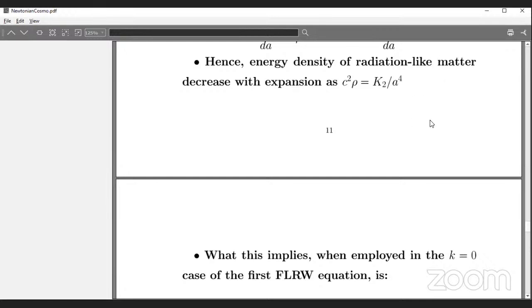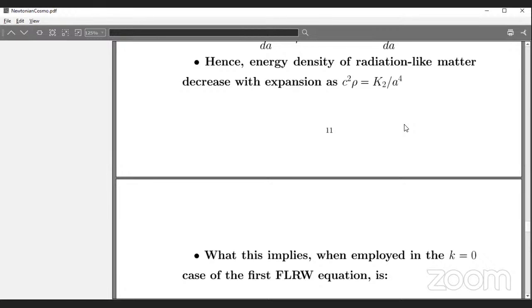So what this tells us is, as the universe keeps expanding, after a while, it is the non-relativistic matter which will start dominating, because the energy density of relativistic matter is falling off faster. And that is what happens in the universe. When the universe began in the early time, the universe was dominated by ultra-relativistic matter-like objects, but as the universe expanded, it is non-relativistic matter which took over.